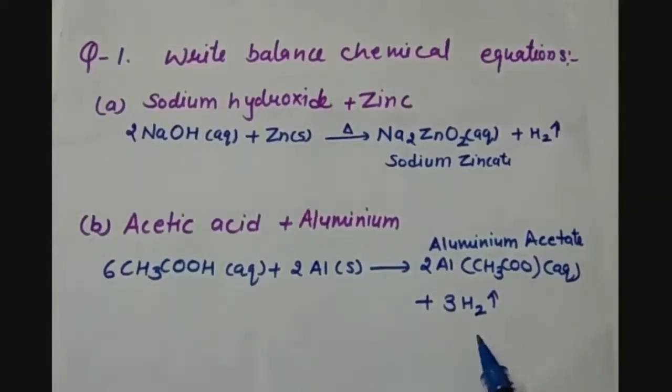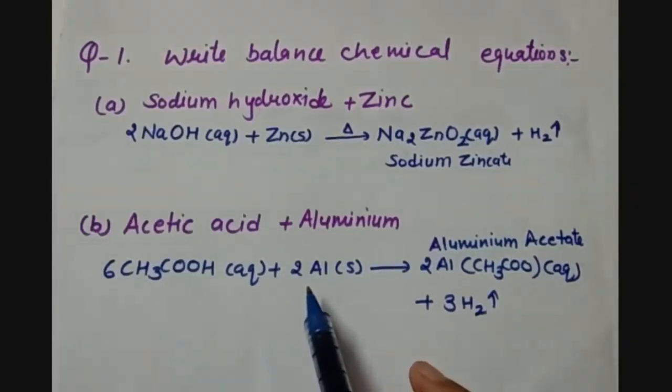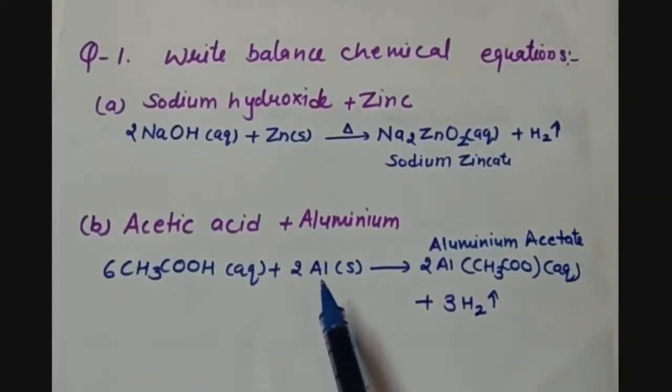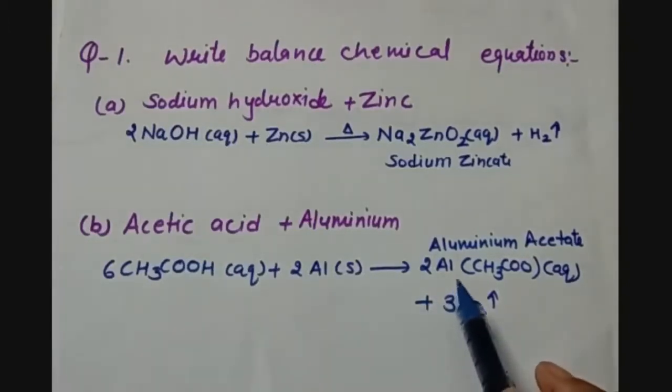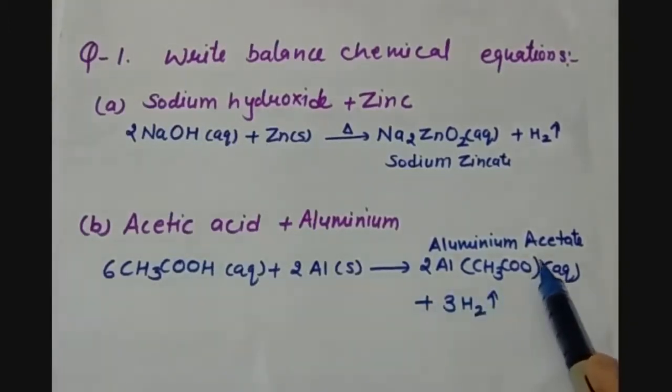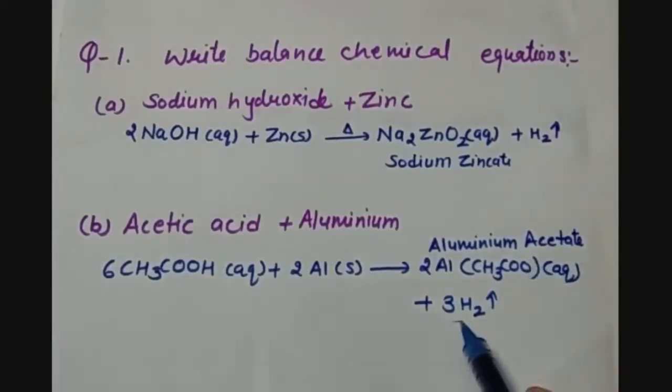As we know that aluminium has a higher standard electrode potential value than the hydrogen which is present in the acid, it can displace this hydrogen from the acid. Hence it is forming aluminium acetate, and the hydrogen from here is removed and it is evolved as hydrogen gas.